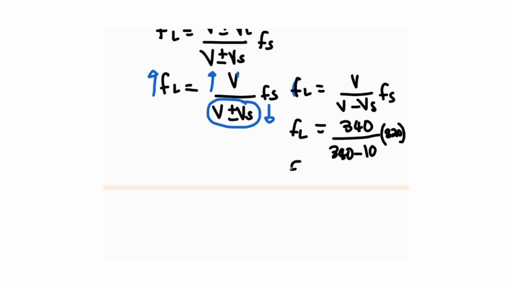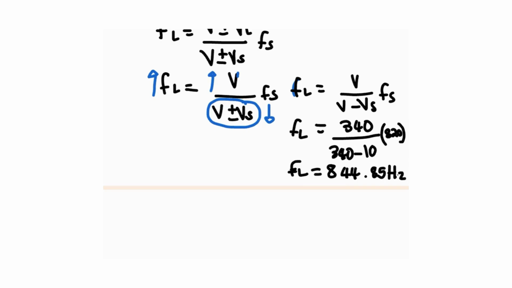And then if we plug the whole thing into a calculator, we have 340 divided by 340 minus 10, and then we multiply that with 820, and the frequency of the listener is 844.85 hertz, provided that they said we must give the answer in 2 decimal places.